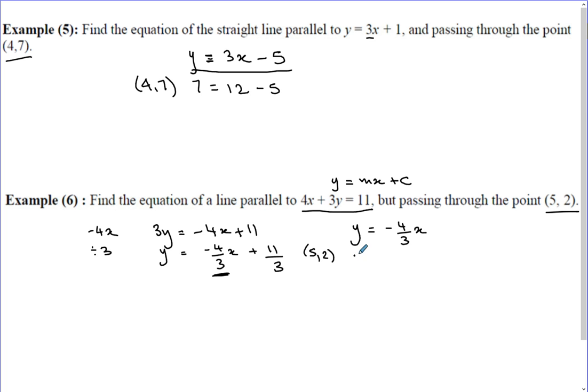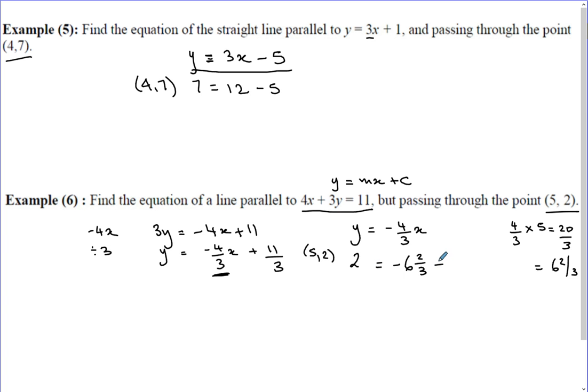So instead of y, we're going to put 2 =, and then minus, we always put our minus first, and then 4/3 times 5 will be 20 over 3, which will be 6 2/3. Yeah? Okay, so we've got minus 6 2/3. So what do we do to minus 6 2/3 to get 2?